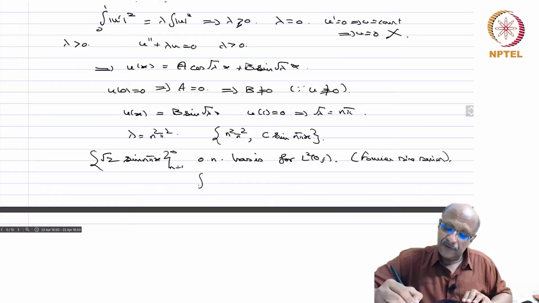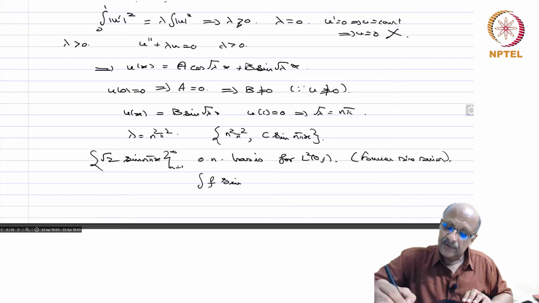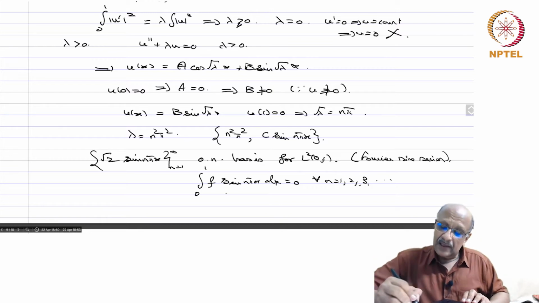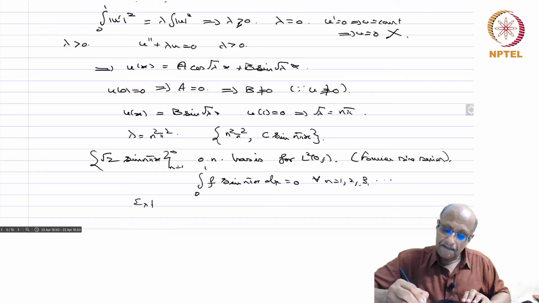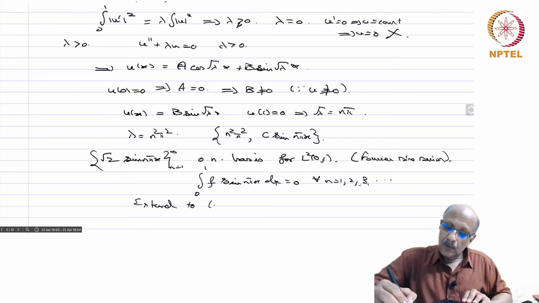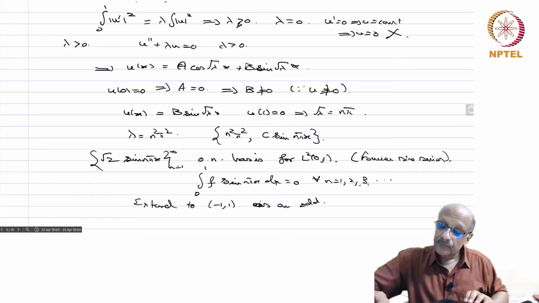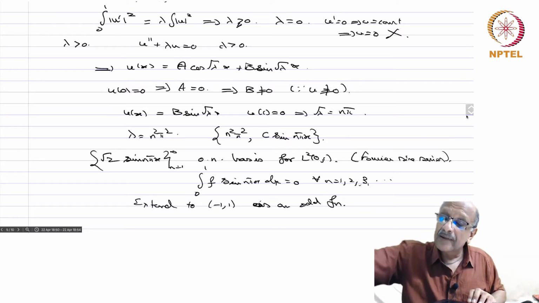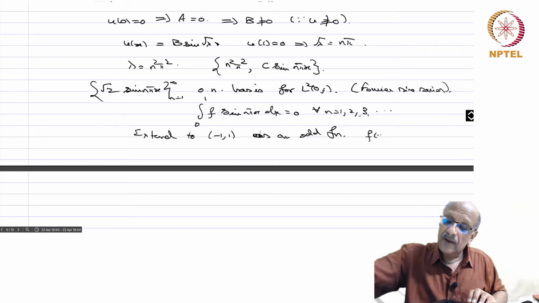Suppose f is in L2 with integral of f sine n pi x over (0,1) dx equal to 0 for all n equals 1, 2, 3, etc. Then extend f to (minus 1, 1) as an odd function, so you put f of minus x equals minus f of x.